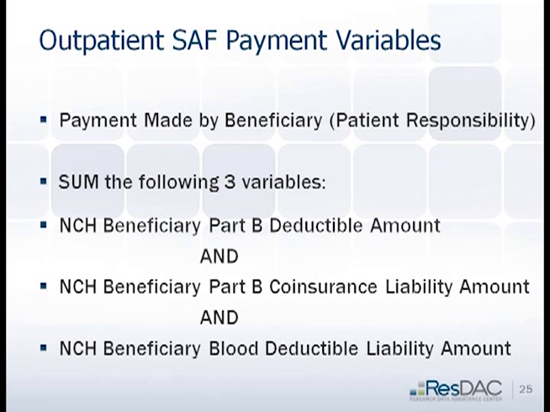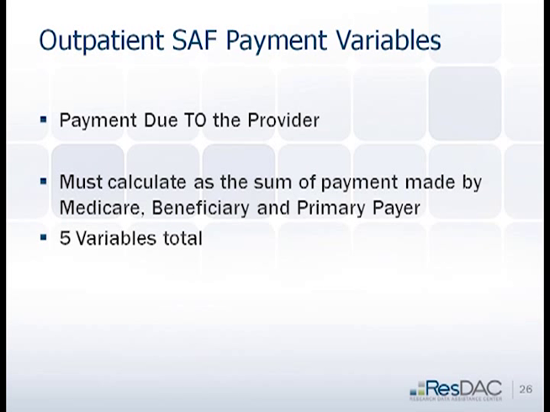Very similar to inpatient care, you have the same three variables that you need to sum for what the beneficiary had to pay for: the Part B deductible, the Part B coinsurance, and a blood deductible. So again, to get the total due, you'd have to sum up those five variables.